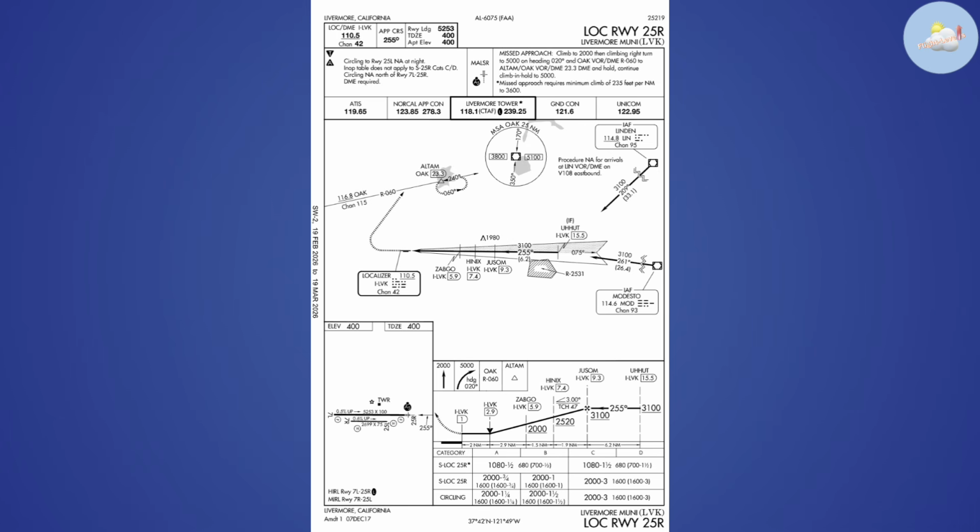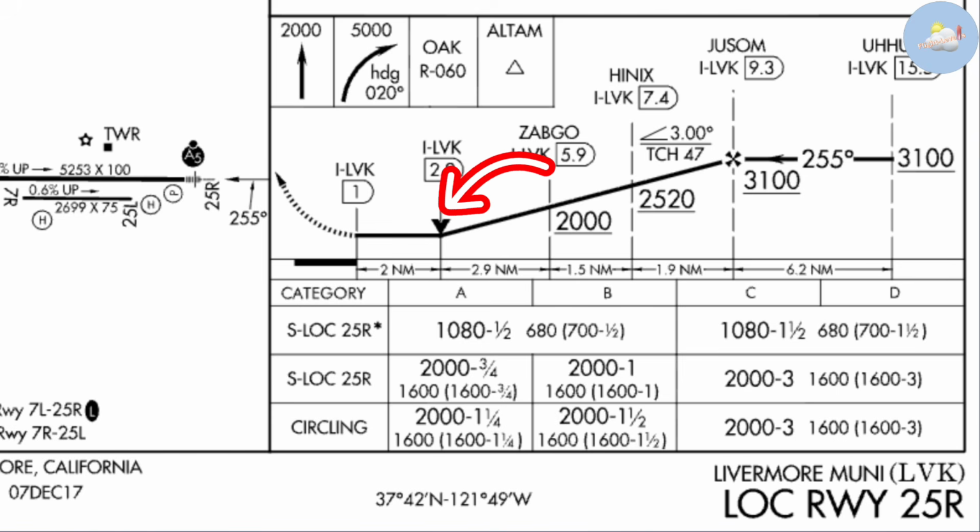Moving on to another Northern California airport, and you'll notice we're talking about Northern California a lot because I used to fly there a lot, so I'm very familiar with these approaches. Let's take a look at Livermore, California, and the localizer approach to runway 25 right. Similar to the approach at Sacramento, it does have a VDP. However, you will notice it is missing that light gray arrow.